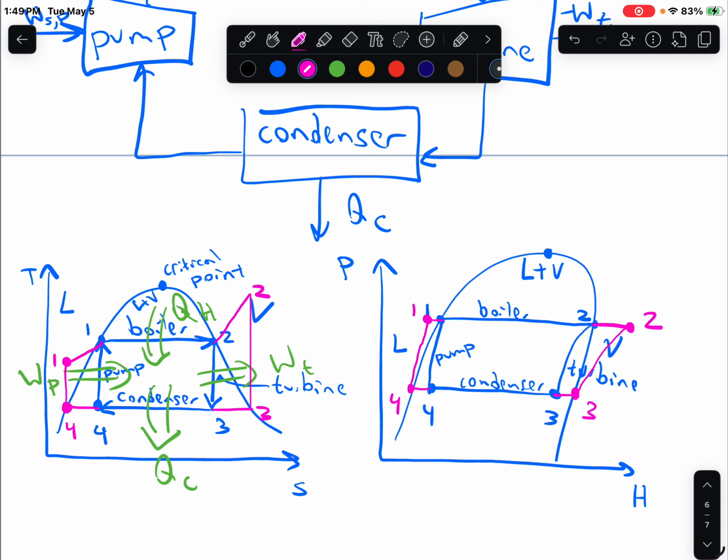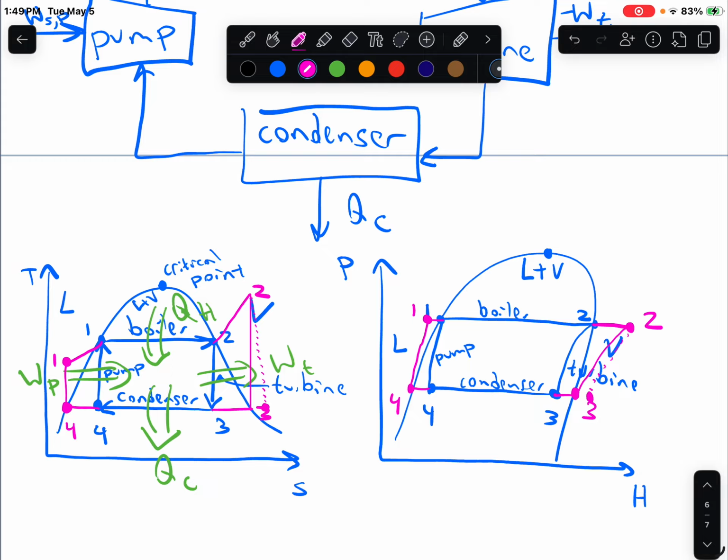So if we have to account for entropy generation in the turbine, usually we go like this, and what we do is we look at the isentropic delta H, which would be the difference between this and this, and we say that the actual delta H, the actual output work, is going to be less than that, so it'll be something like this in terms of state 3.